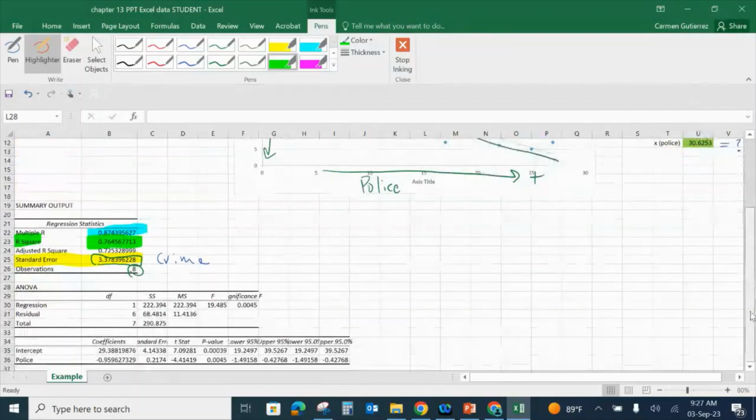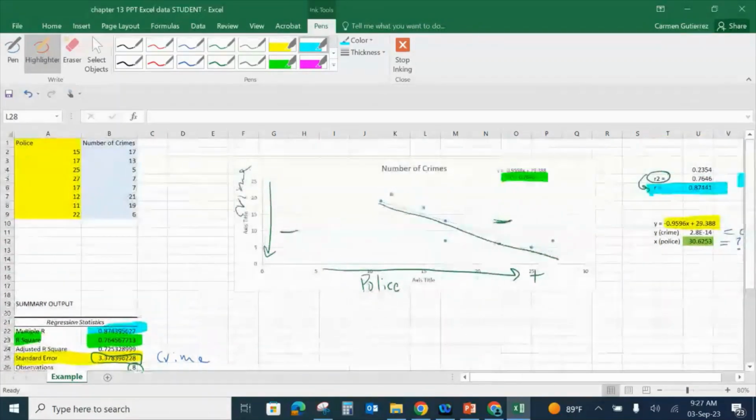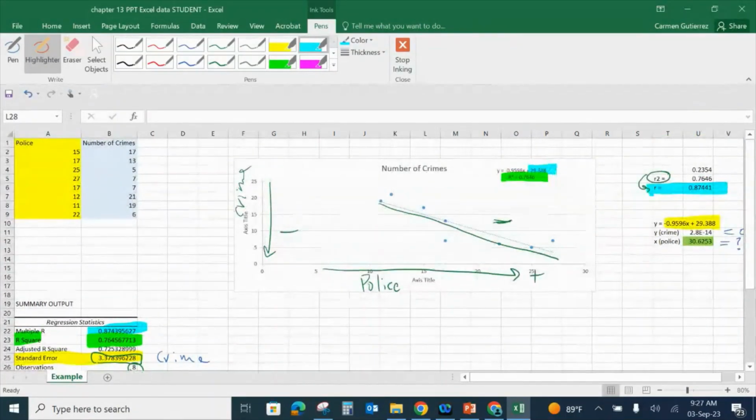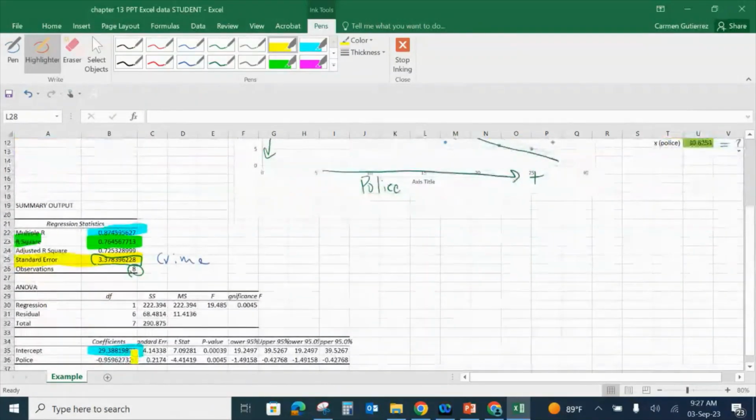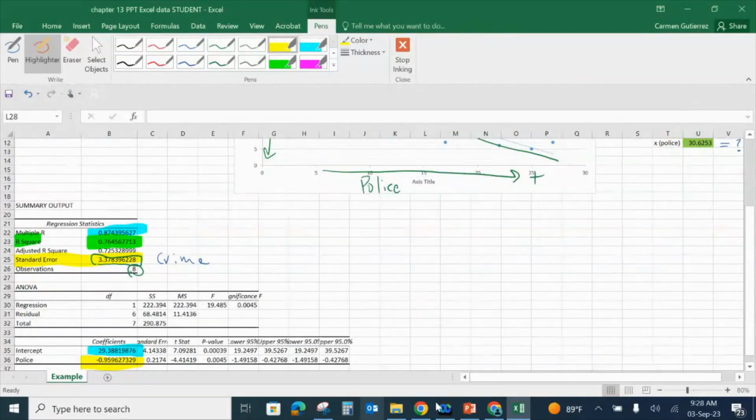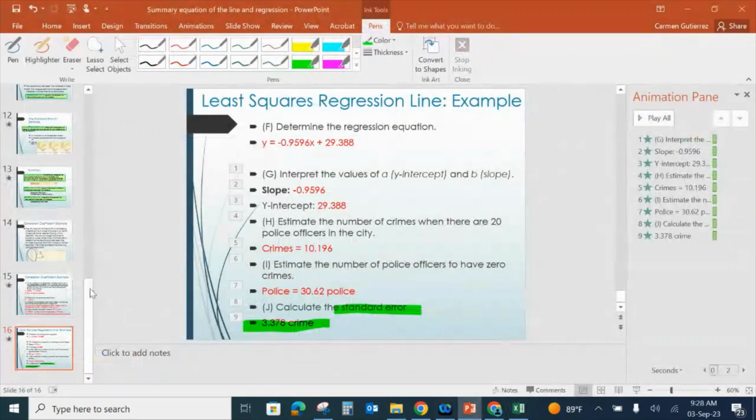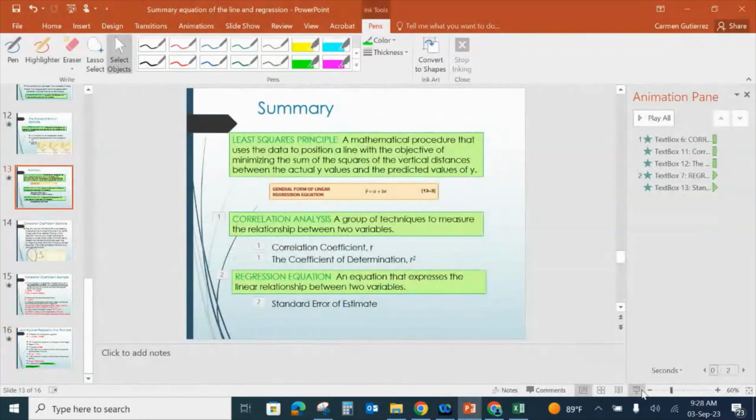You also have your equation of the line: the y-intercept 29.38 is the one that shows here, and then you have your slope, negative 2.95, here as well.